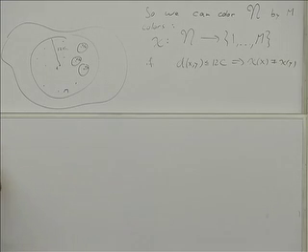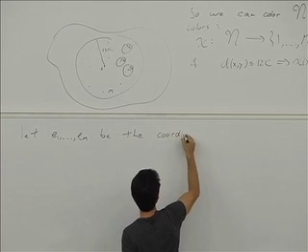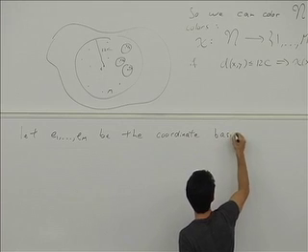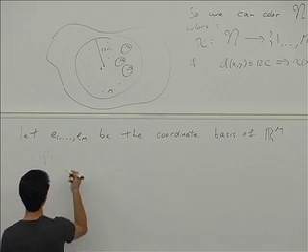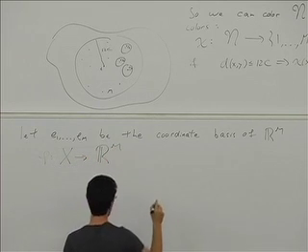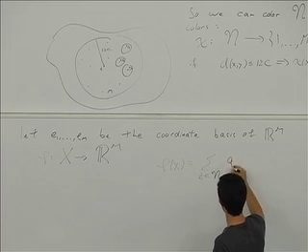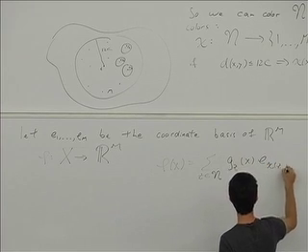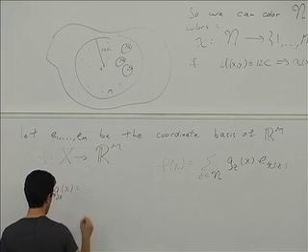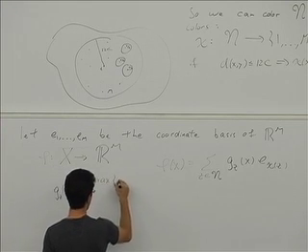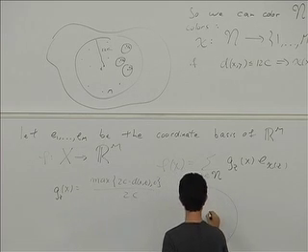So now let e1 up to em be the coordinate basis of Rn, and define a function phi from all of my space x into Rn by phi of x is the sum over all points z in the net of g sub z of x times e chi of z, where g sub z of x is 1 at the center.